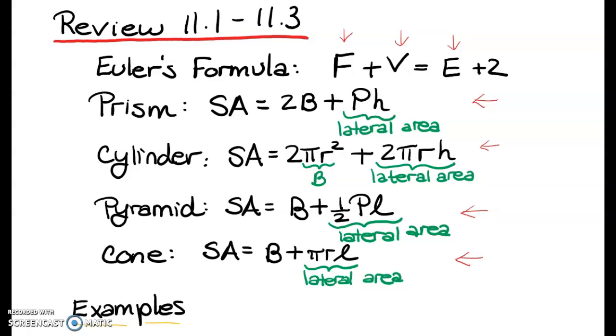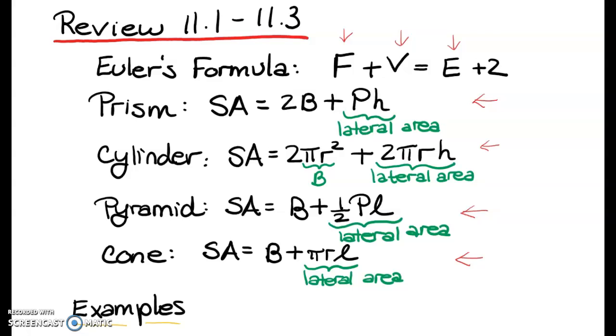For a cylinder, it's 2 pi r squared, and remember, pi r squared is the area of a circle. So you have 2 circles as the bases of a cylinder, so it's 2 pi r squared, plus the lateral area of the cylinder, which is 2 pi r h, where h is the height of the cylinder.